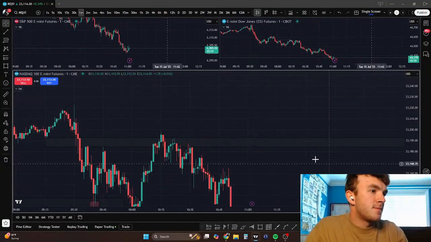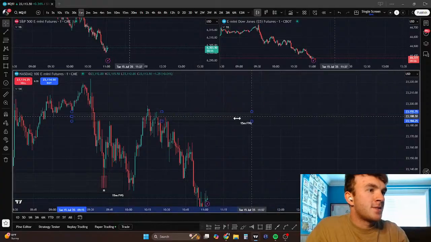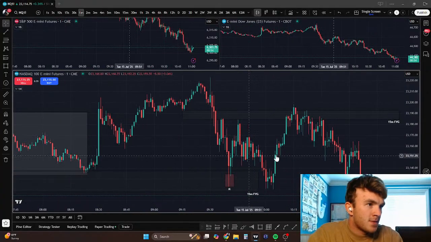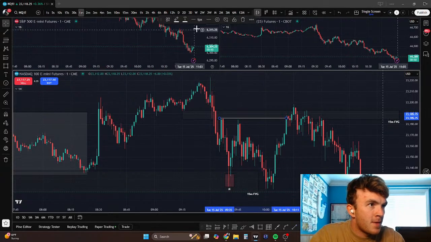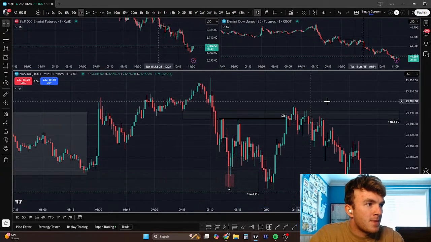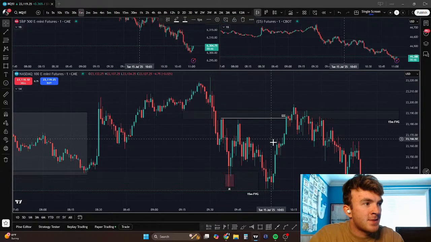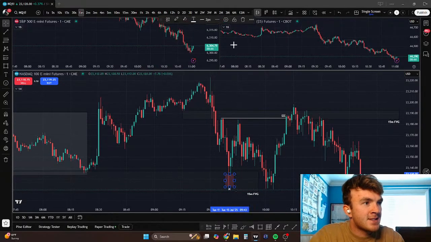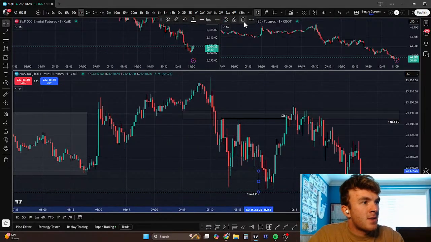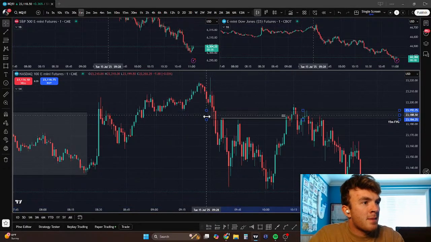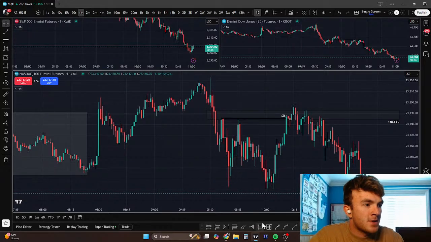Yeah. Oh man, this is clean. Sweep of this high here. 15-minute FVG. Yeah, this is classic flow state. The most classic you can get, right? Where we have a 15-minute gap in premium of this range.